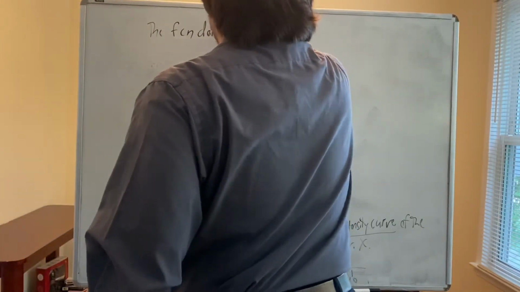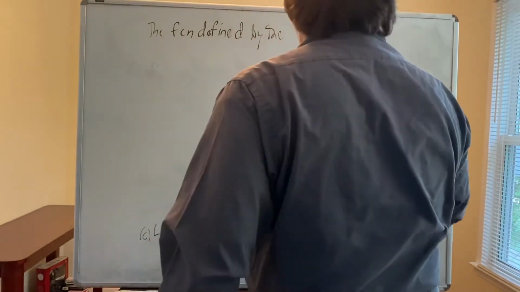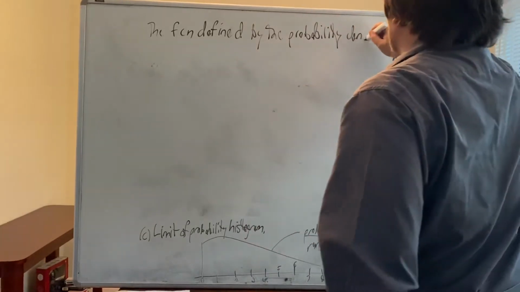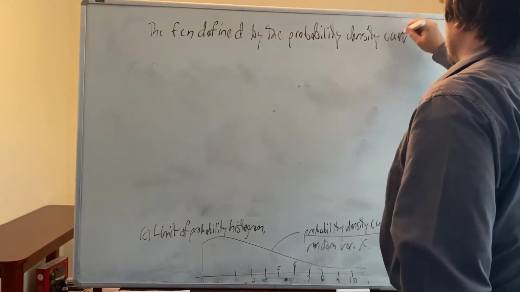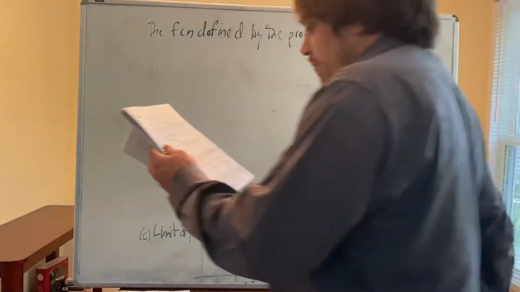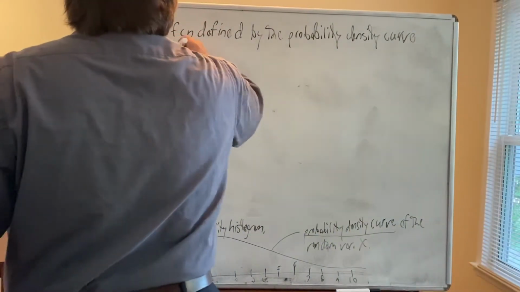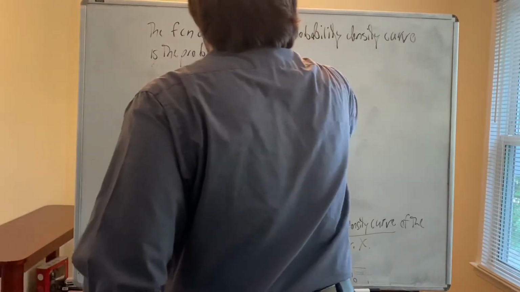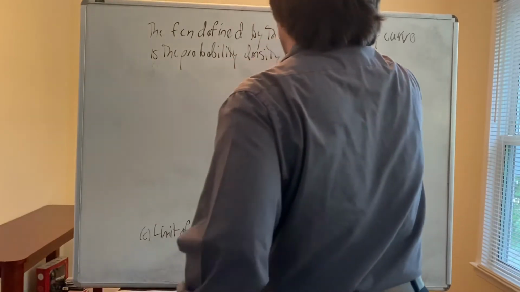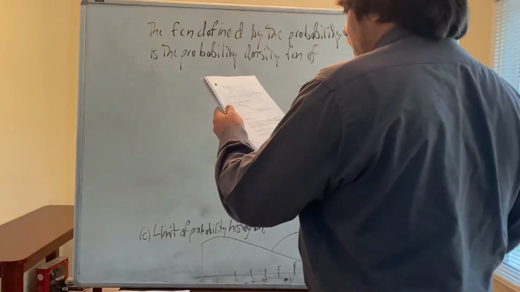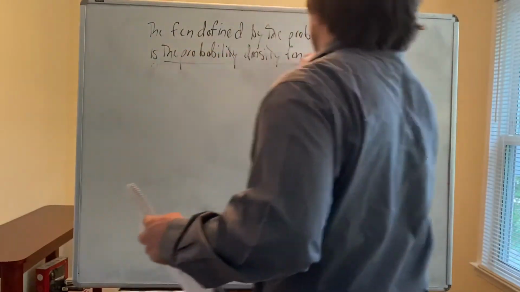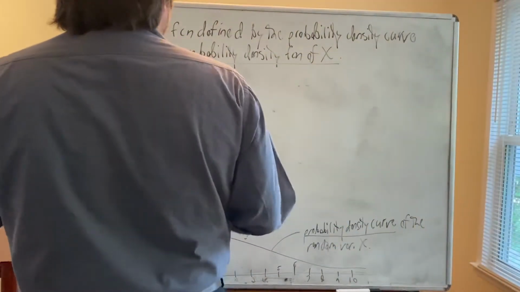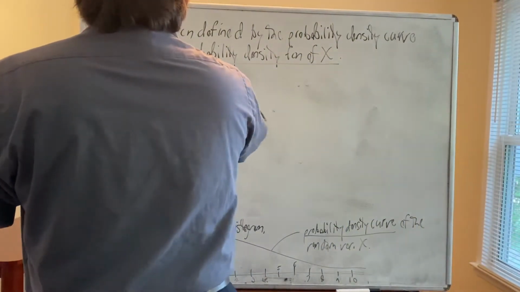The function defined by the probability density curve is the probability density function of capital X.